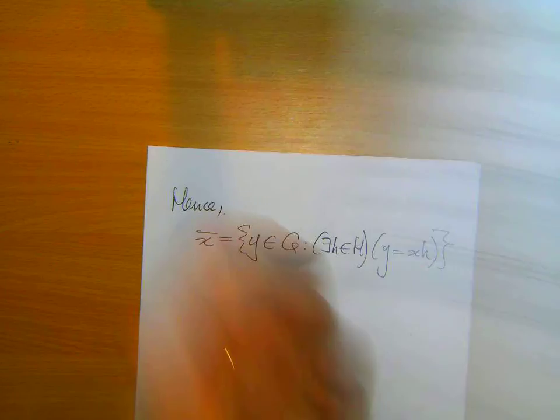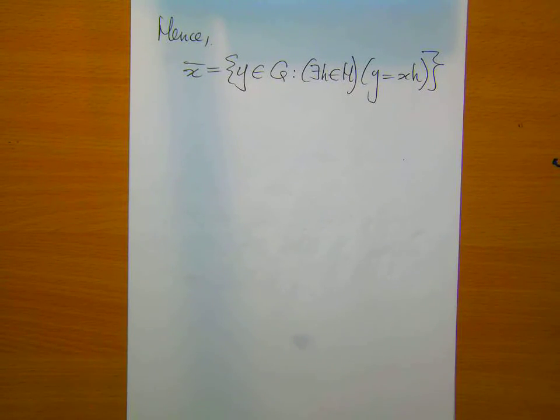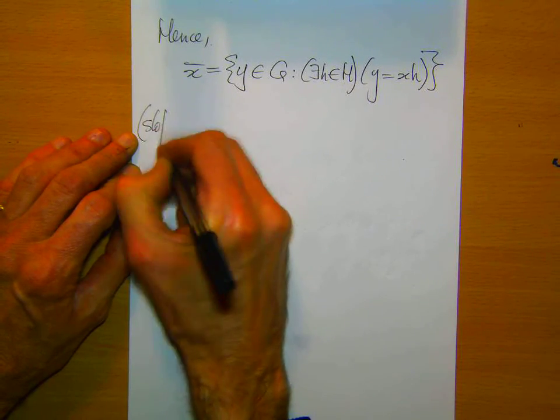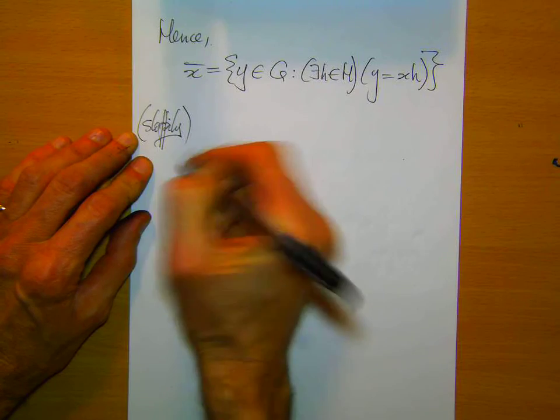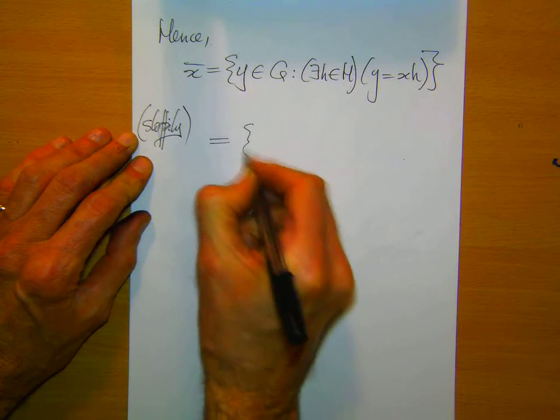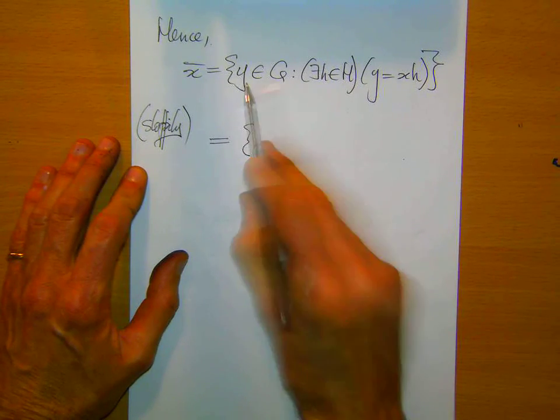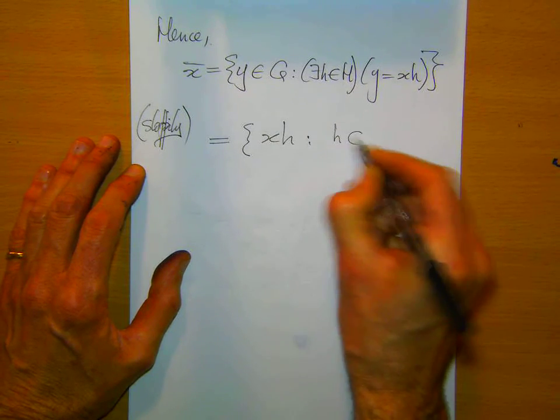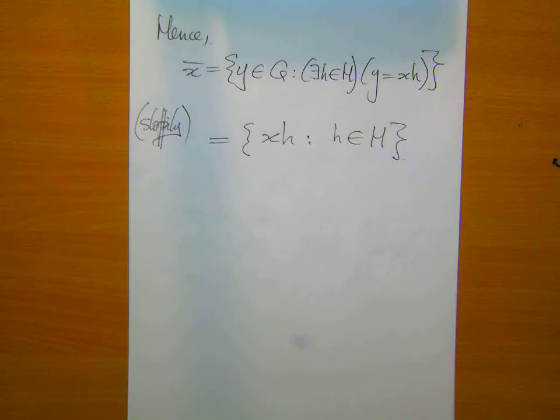So I've just written down exactly what I had before at the top of this page. Well, that's the precise description, but we always have a slightly sloppy description as well. Y is x times h for some little h in big H.